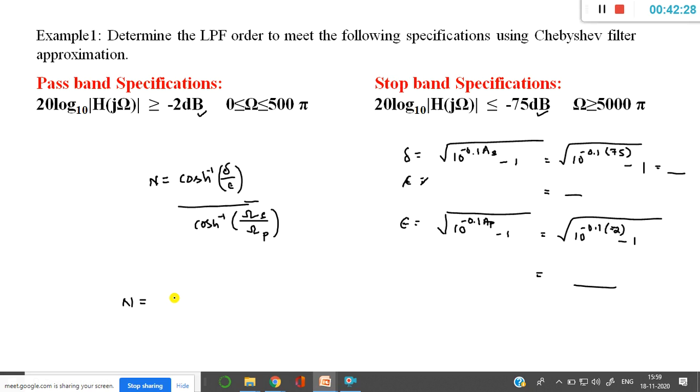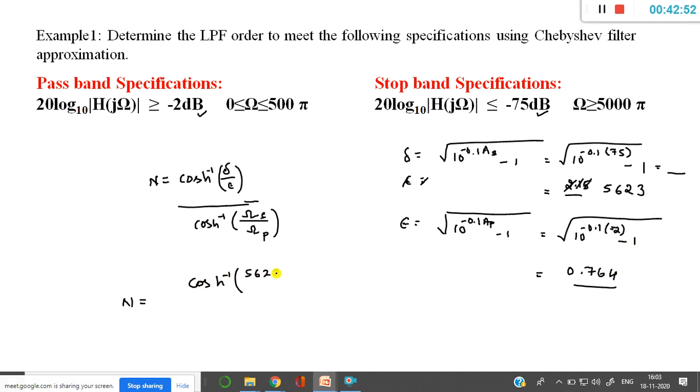What is the value of delta? After calculating, delta comes to be around 5.623 and epsilon value is 0.764.